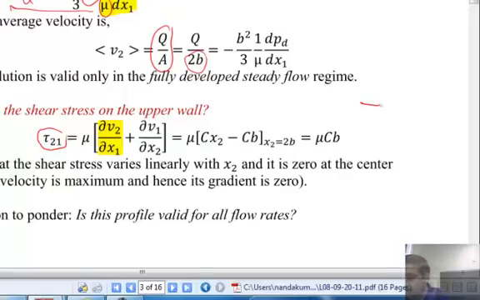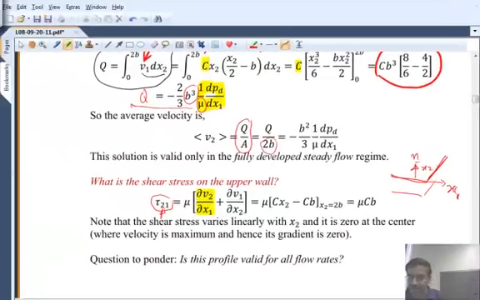If this is x1 and that normal is x2 in the x2 direction, then I want tau 2,1, because the first index refers to the surface, which has a normal in the x2 direction. That surface is the top plate here, and 1 is the direction in which I want the force to be calculated. So that is given by mu times (dv1/dx2 + dv2/dx1).